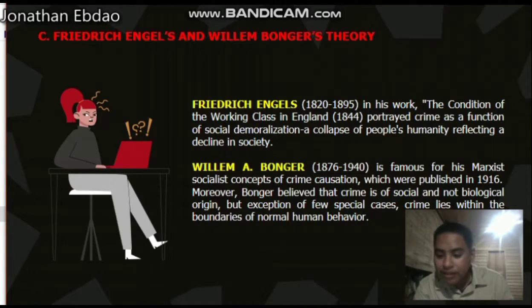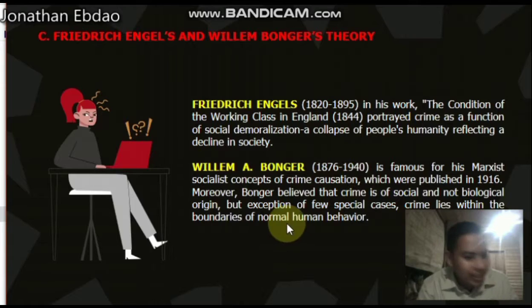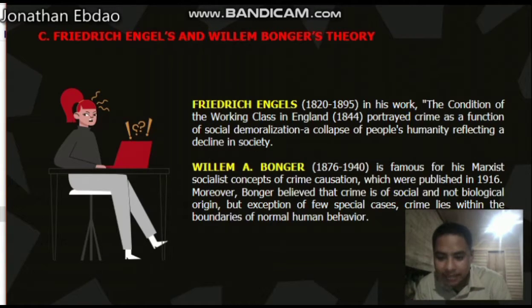In addition, the study of Siegel 2000 regarding Engels' theory stated that the brutality of the capitalist system, he believed, turns workers into animal-like creatures out of their own will. Willem A. Bonger, in his Marxist-socialist concept of crime causation, established in 1916, believed that crime is of social and not biological origin, and with the exception of a few special cases, crime lies within the boundaries of normal human behavior. Thus, Bonger believed that society is divided into have and have-not groups, not on the basis of people's innate ability, but because of the system of production that is in force.